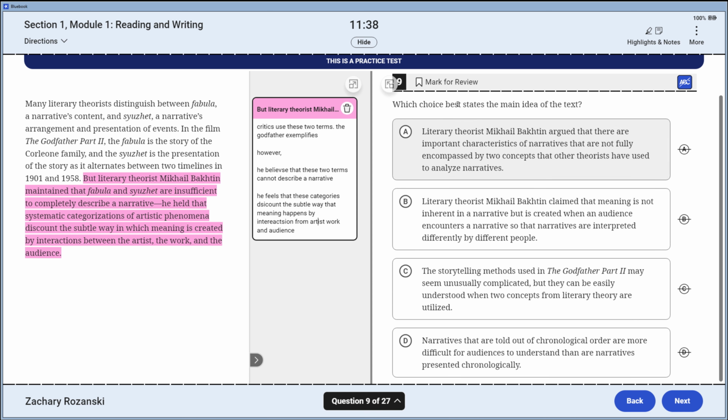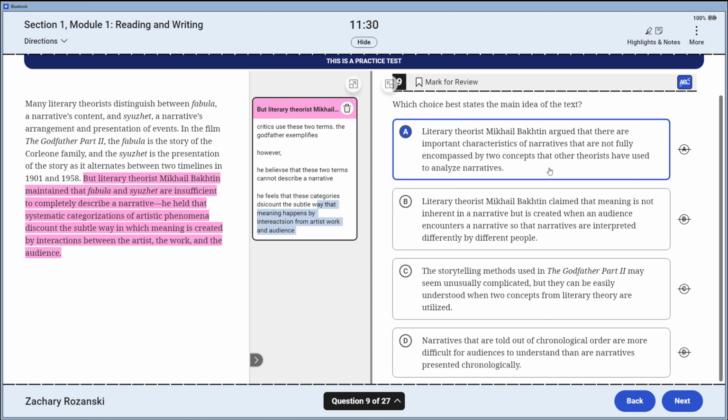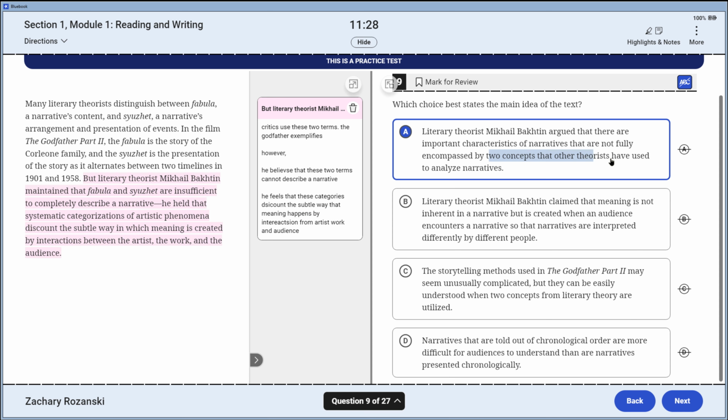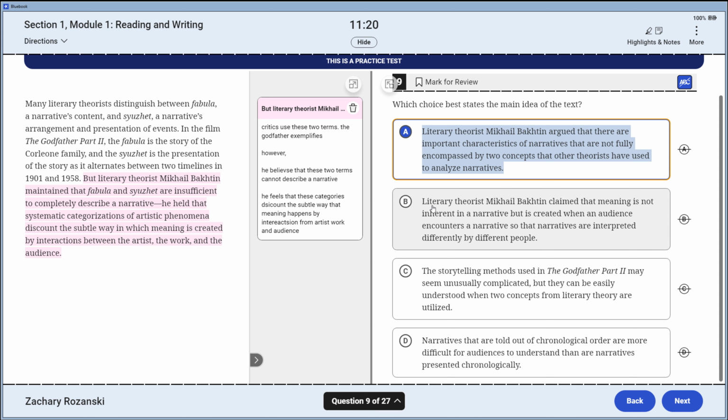So let's engage. Literary theorist, this guy, argued that there are important characteristics of narratives that are not fully encompassed by the two concepts that discount the subtle way in which. This is perfect. I love this. I'll keep reading.